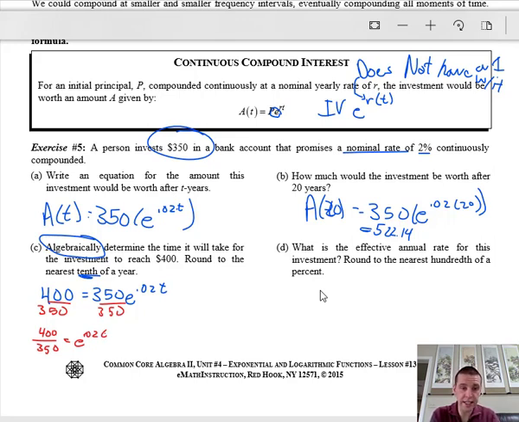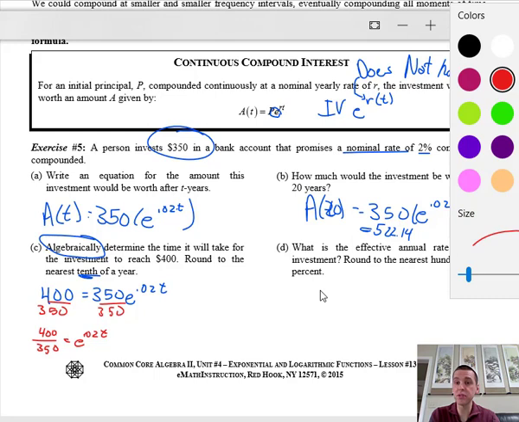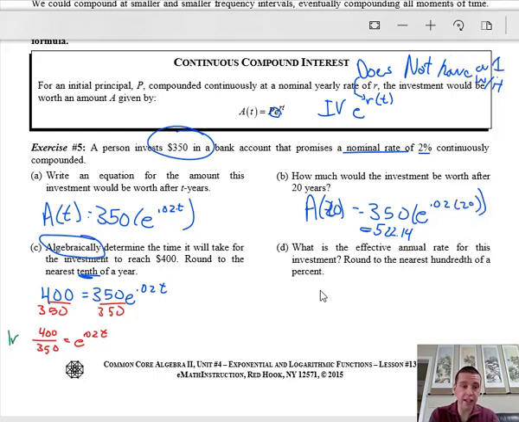Now, let's look at this. Is the e alone, basically? Is there anything else being multiplied or added to it? And the answer is no. So with this, when we see e, we now have to think, what is the inverse of the e to some variable? And that's the ln. And so what we need to do now is take the natural log of both sides.